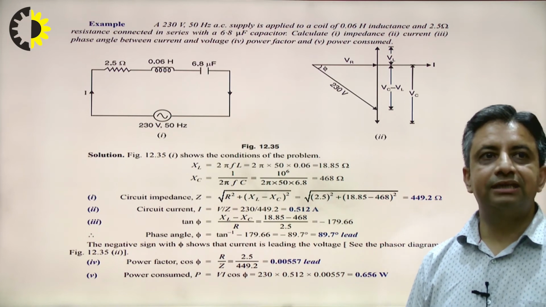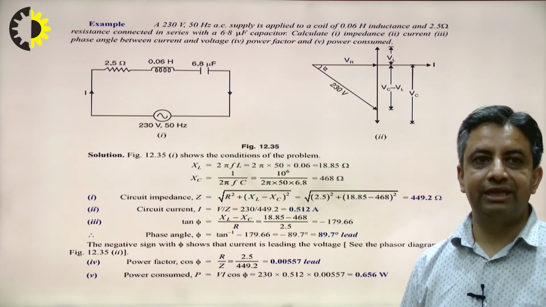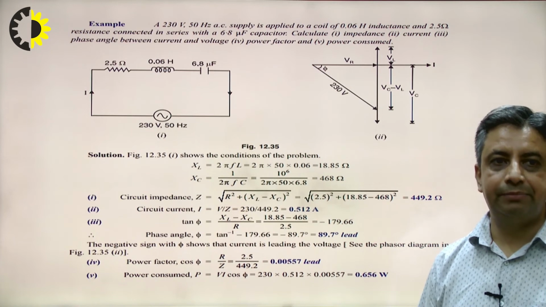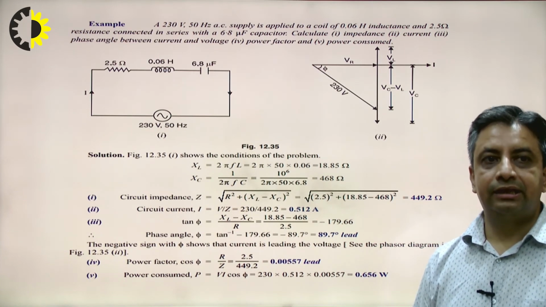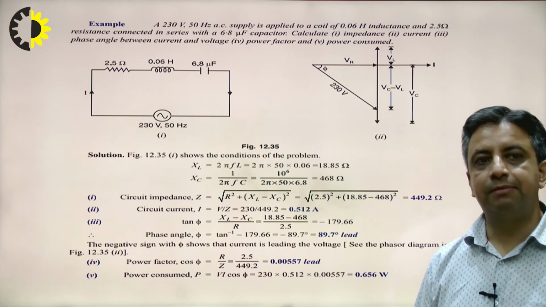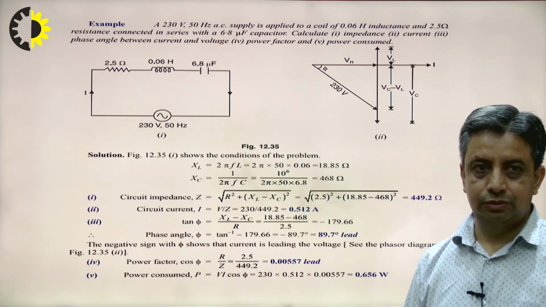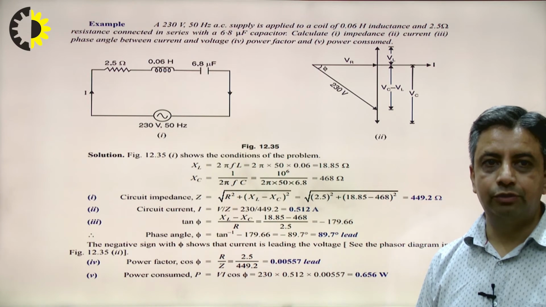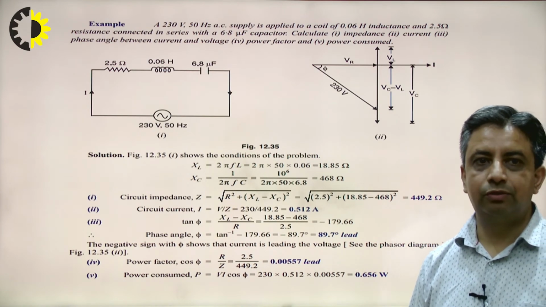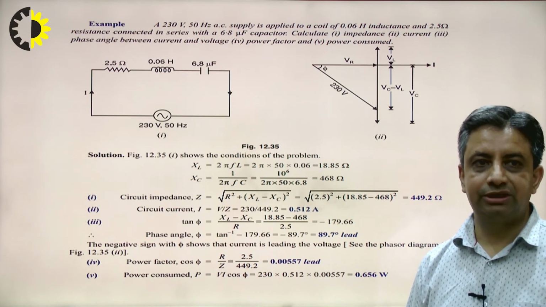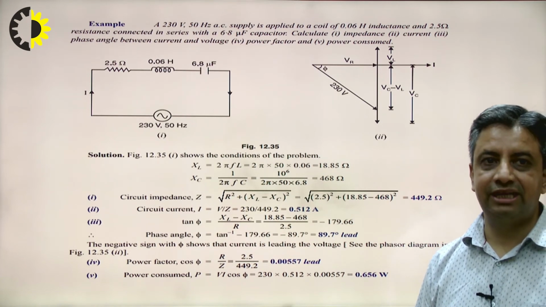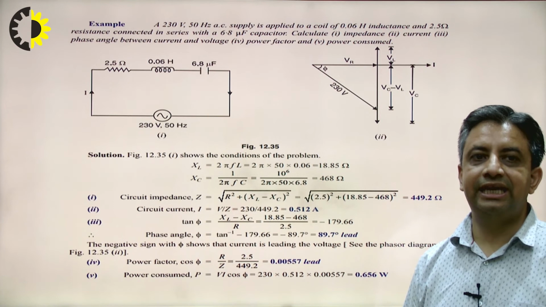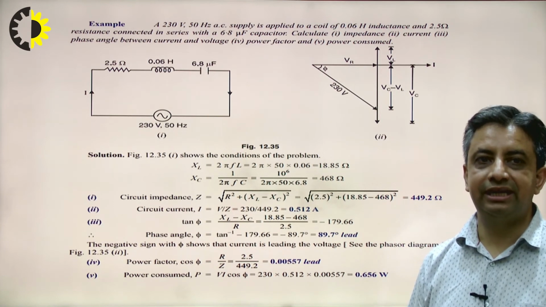The third part is the phase angle. For phase angle we can use again the impedance triangle. For this RLC circuit, tan phi will be equal to XL minus XC by R. Putting all these values, we got tan phi equal to minus 179.66, and tan inverse of this is 89.7 degree leading.